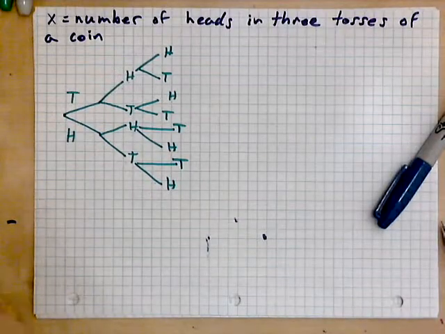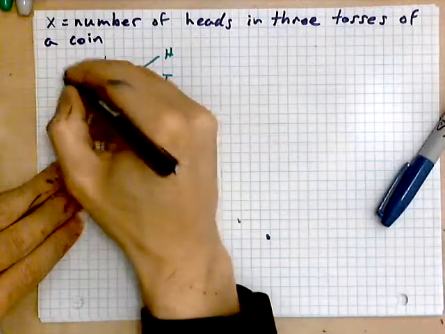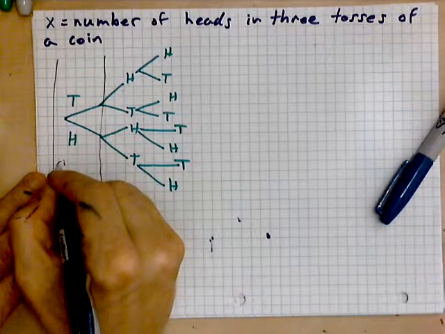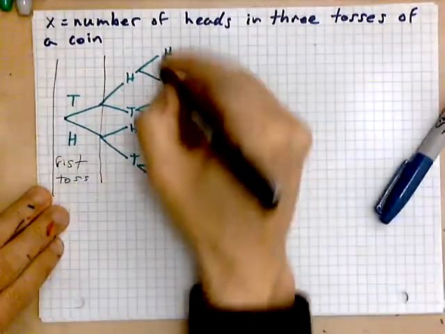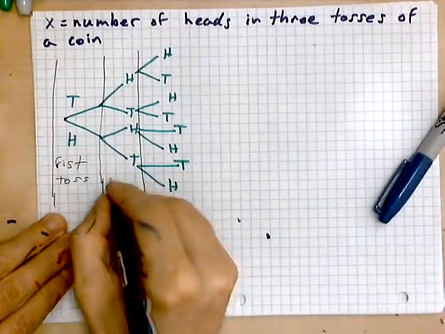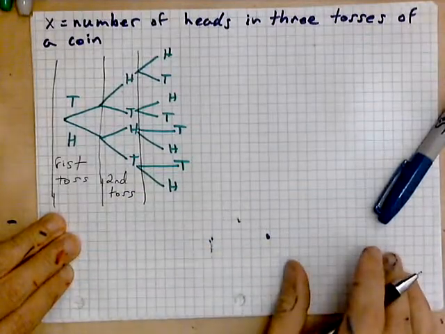What might be helpful here is to actually separate these so they're more clear. So these here are the first toss. And these are the second toss options. Second toss.